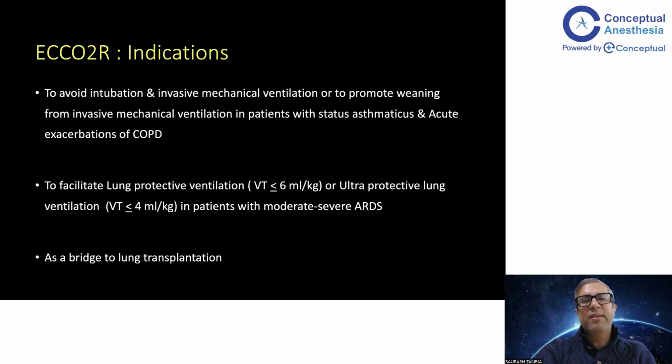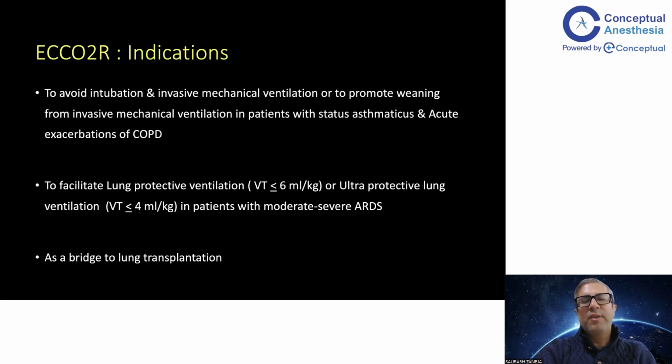When you talk about the second subset, when we talk about ARDS patient management, the whole idea is giving the lung rest. So we give tidal volume of less than 6 ml per kg and plateau pressure of less than 25. That is what we aim for. But there is a subset of patients who have severe ARDS in which ultra low tidal volume ventilation is used.